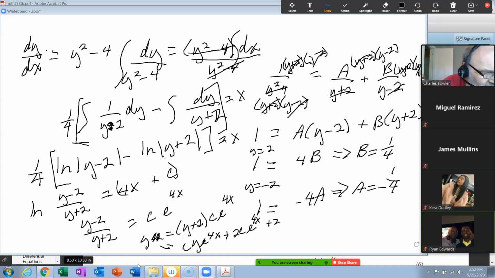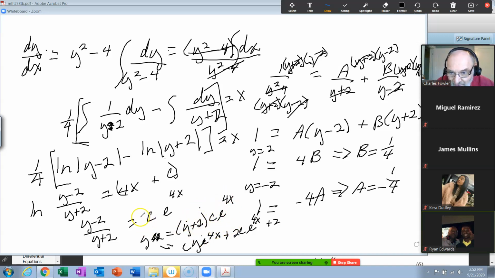I'm sorry about this, but I guess we need to do it. This should have been plus or minus e to the 4x plus c2. Right here, I can't get my pen to show up.